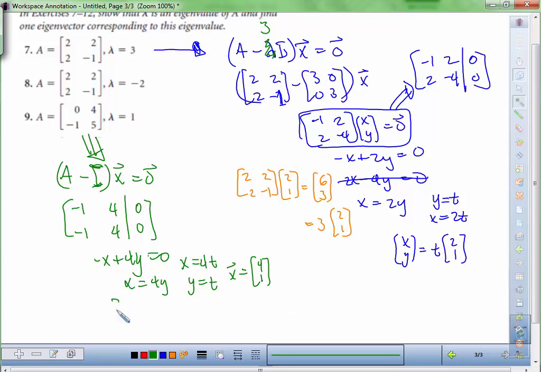And just do a quick check. [0, 4; -1, 5] applied to (4, 1) will give us 4, and negative 4 plus 5 is 1. So that does work out.